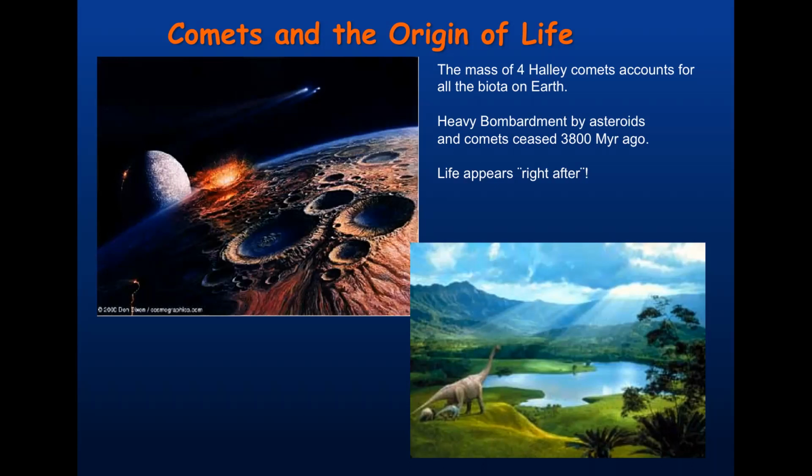And we know that life appeared in geological scales right after. So the oldest rocks almost coincide with this 3.8 billion years ago. And in some of those rocks, we see evidence for primitive life. This exogenous delivery did not end. Every day we receive about 100 tons of matter coming from space, most of it in the form of small particles.